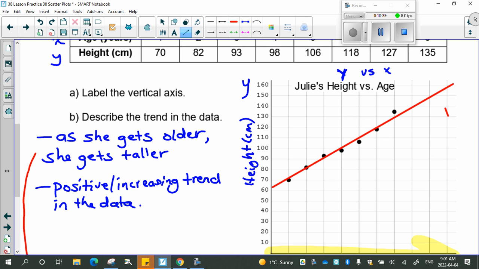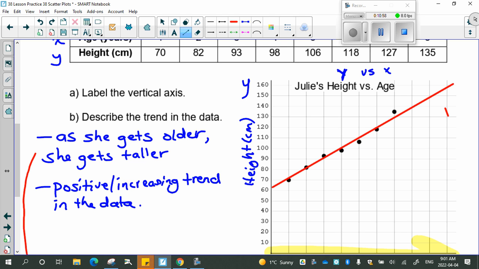Another one we just put on there is that we want to minimize the distance between the points we don't go through and the line. Okay? Minimize the distance between the points we don't go through and the line. Did you draw your line of best fit in?